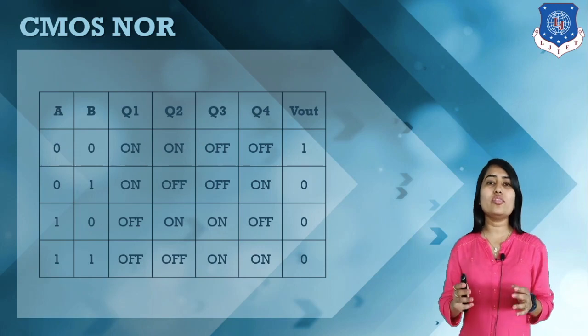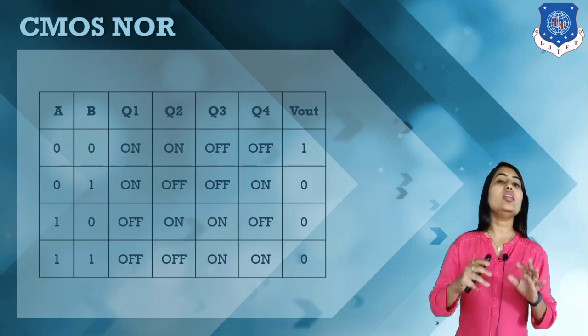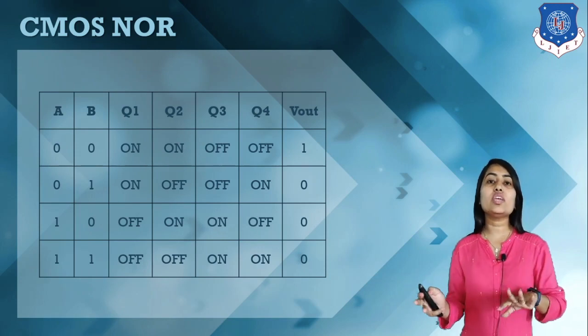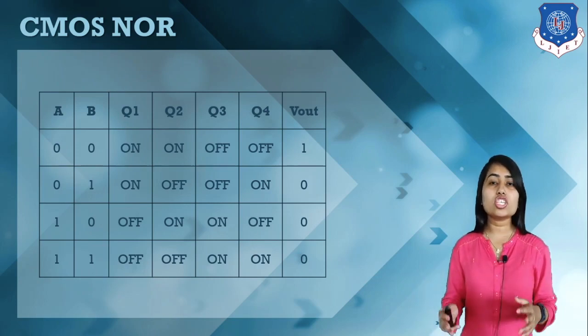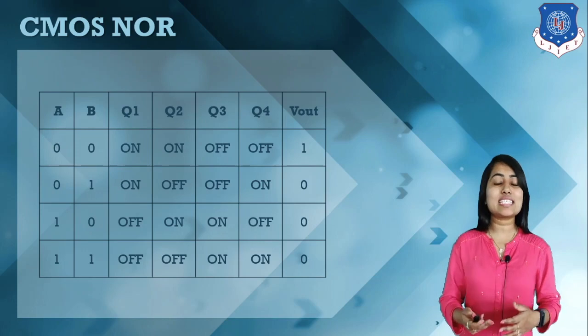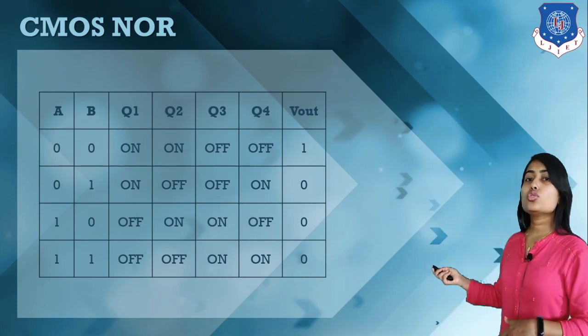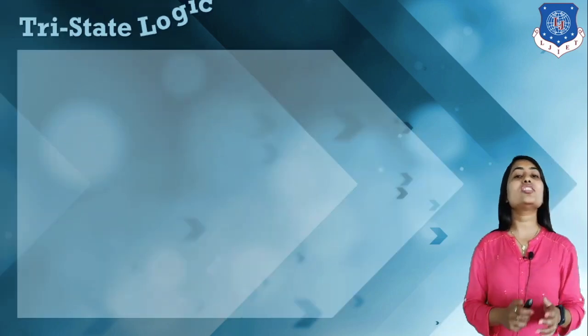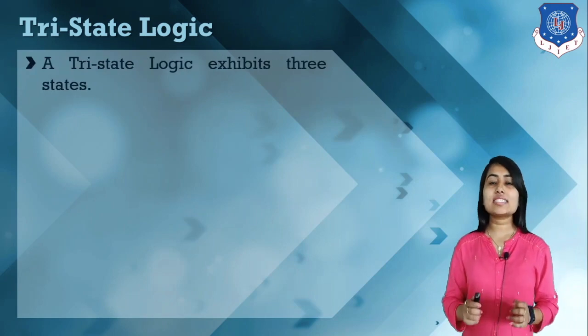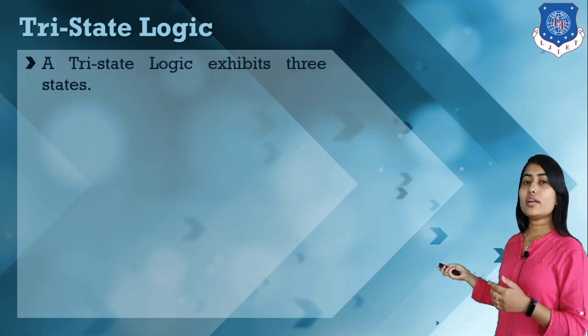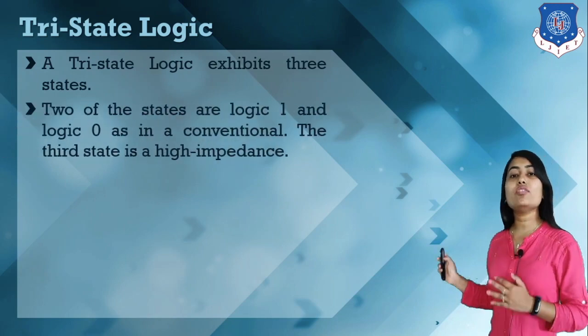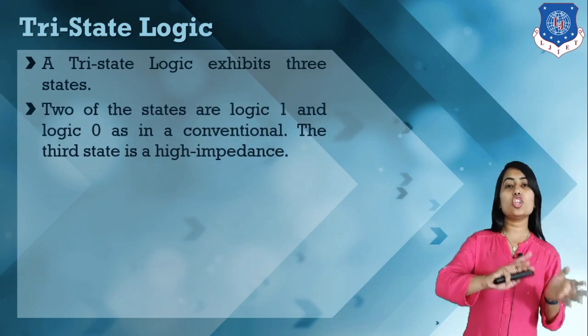Now up to here we discussed normal logic, in which we have two states, either 0 and 1, but we have some other logic in which we have three states. So let's discuss that. Next is tri-state logic, in which we have three states, two of which are normal, that is logic 0 and logic 1.